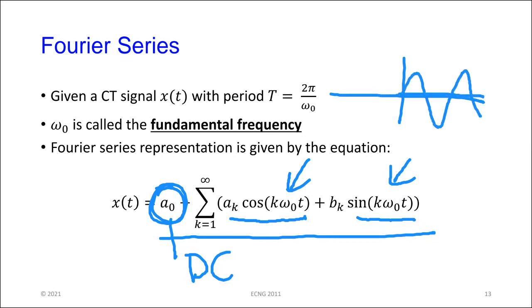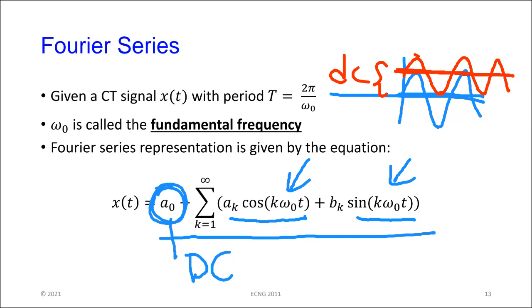It's symmetrical about 0 volts. But if it had a DC value on it, then it would be looking like this, where it goes plus and minus about some average value here. This is the DC value. So you can have both.